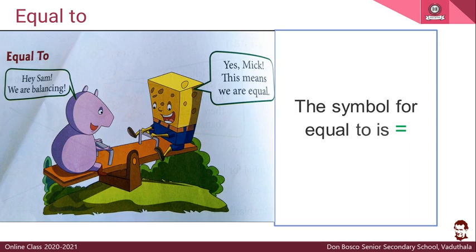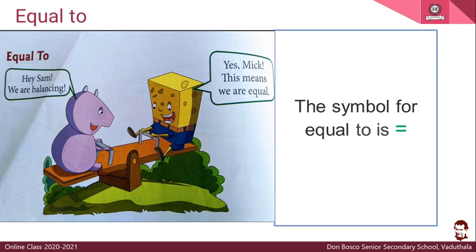Now, here we have 2 friends. What are the names of the friends? Yes, that is Sam and Meg. They are playing on the seesaw. They enjoyed a lot. They are balancing each other. That means they are equal.